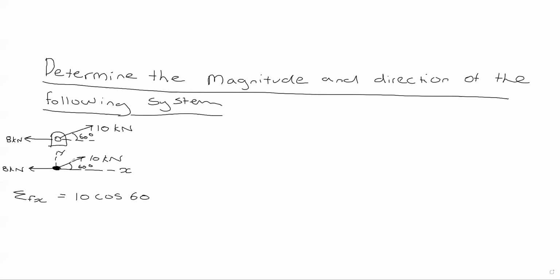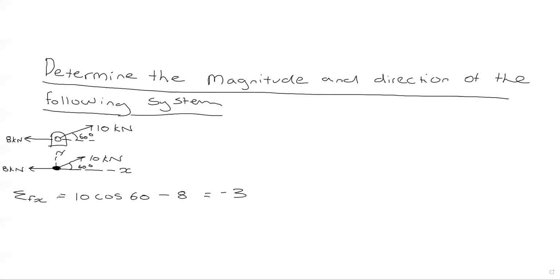Then we look at the other side, which is 8, but as it's in the opposite direction, it would be a negative, so minus 8. 10 cos 60 minus 8 would be minus 3.